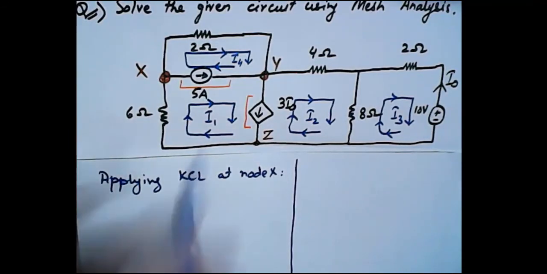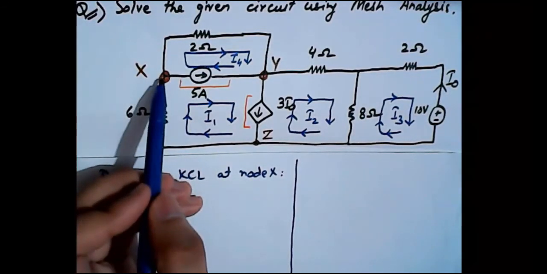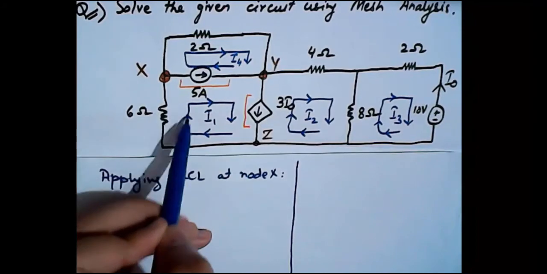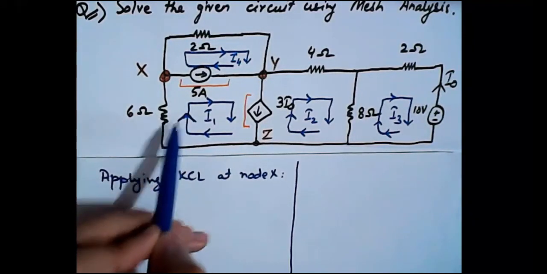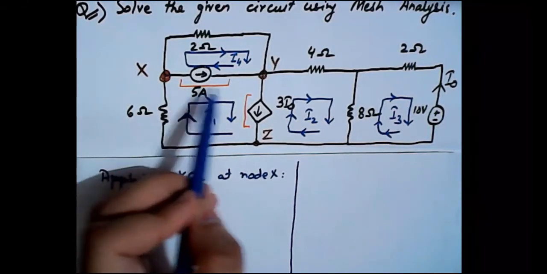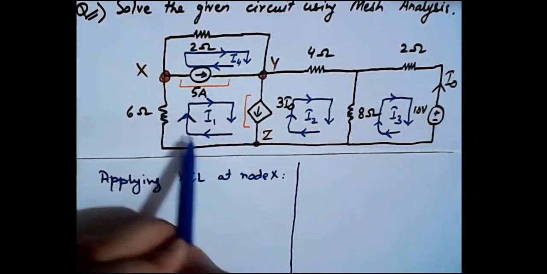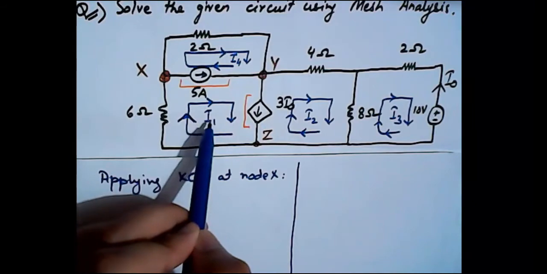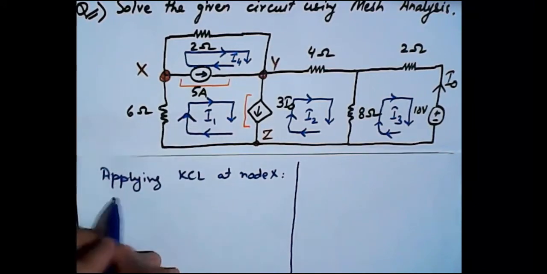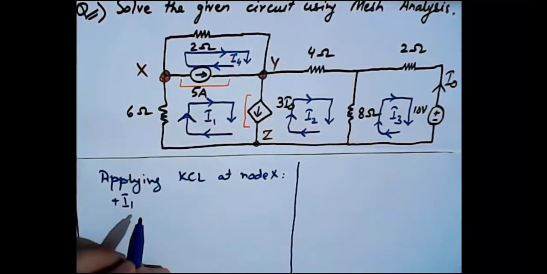What will it result? Here you can see from node X, this current is entering, right? Here is the direction of this current. It is entering the node. So which current is this? I1. So I1 will be taken as positive because it is entering the node.